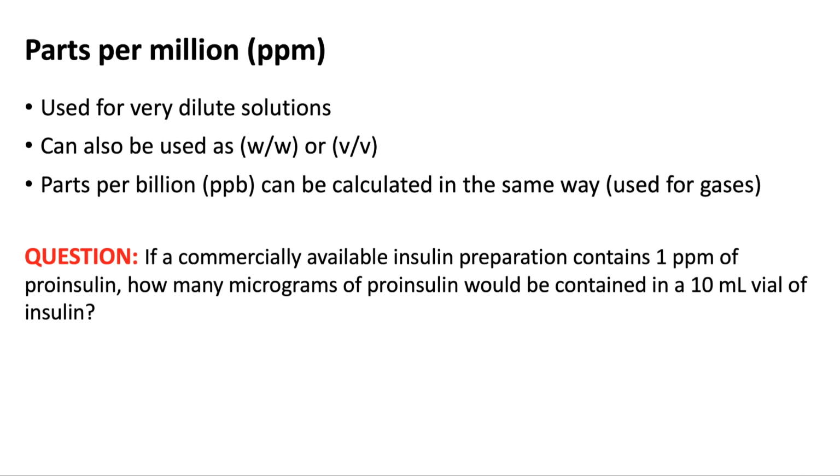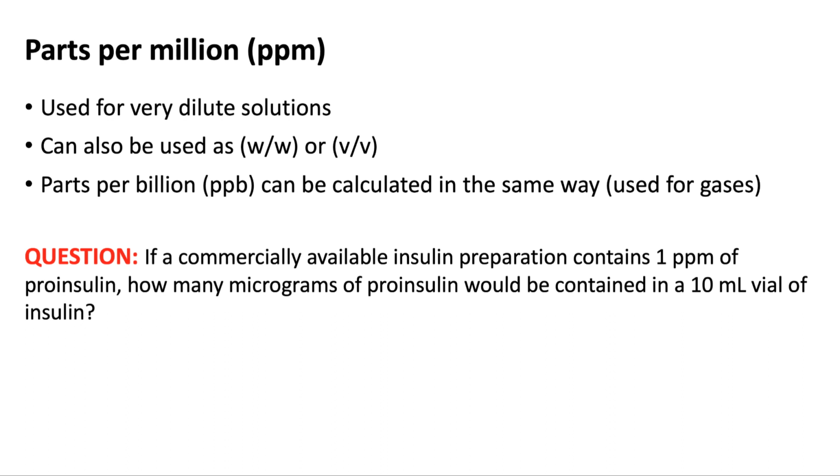Now clearly, million is a big number, but when we have very, very dilute solutions, that is, the concentration of our drug is very, very low, then it isn't very useful to express it as a 0.00003%. That's weird. And it's subject for errors because of all those zeros.